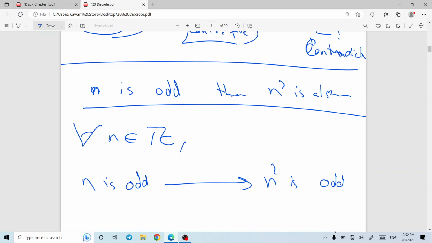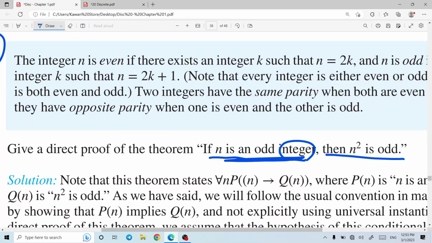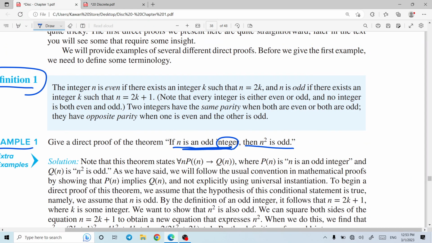So before we prove this theorem, we need a definition of odd and even numbers. What do you mean by an odd number? What do you mean by an even number? Okay, tell me. If you forget about it, you can review this definition.